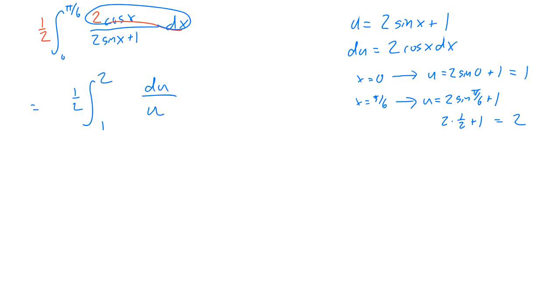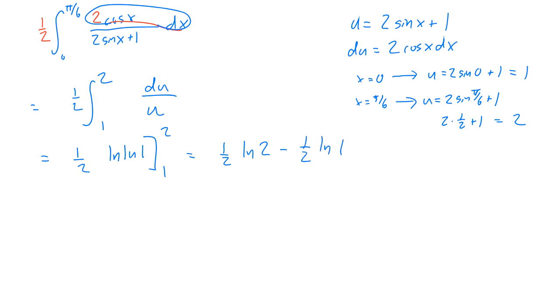Oh, so all the hard part's over. The antiderivative of 1 over u du is natural log of absolute value of u. And I'm going from u equals 1 to u equals 2. So this is half natural log of 2 minus half natural log of 1.